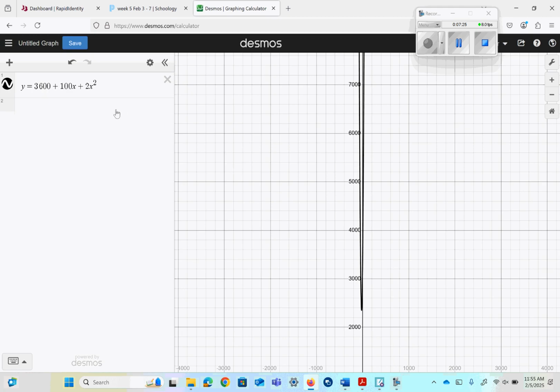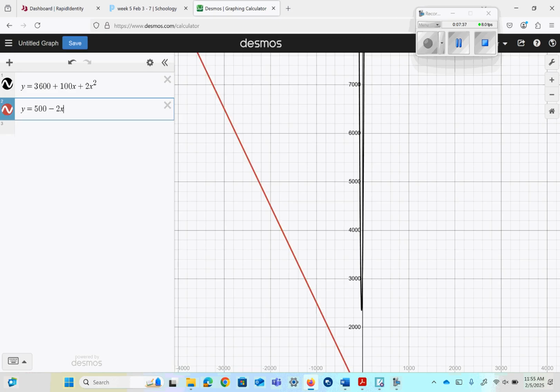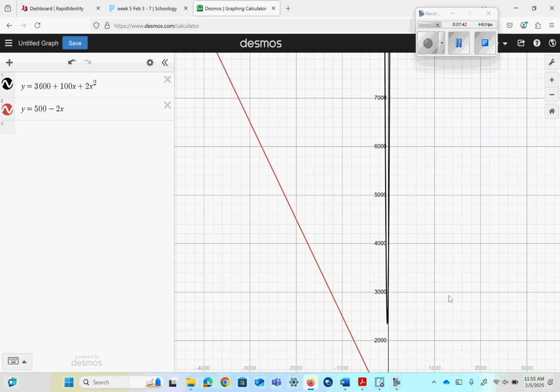And then the other equation is going to be y equals, even though it says P, y equals 500 minus 2x. Ooh. Okay. I plug that in right: 3,600 plus 100x plus 2x squared, 500 minus 2x. All right. Let me see if I can find this problem in the book.